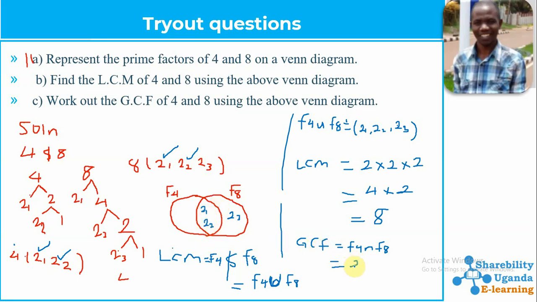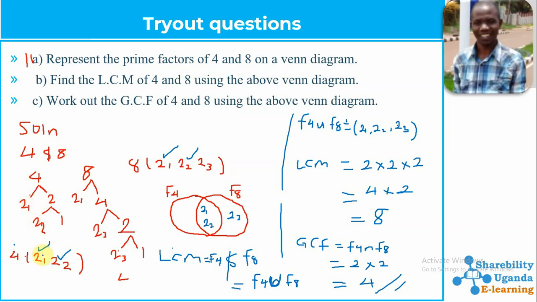So here we shall say 2 times 2. Then our answer shall be equal to 4. So here we shall have solved the number. What to bear in mind is to first find the prime factors of 4, and also find the prime factors of 8. Then you look out for those that are common.